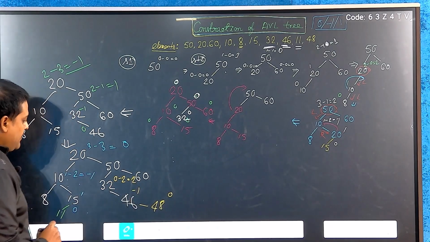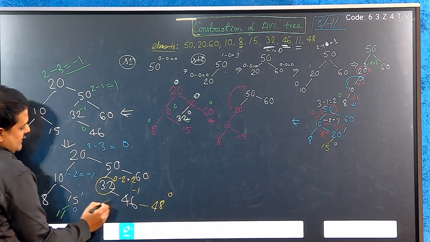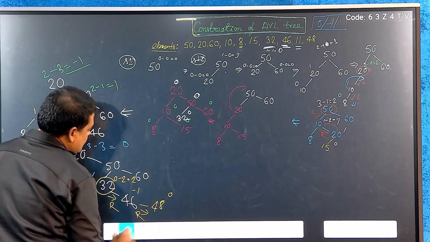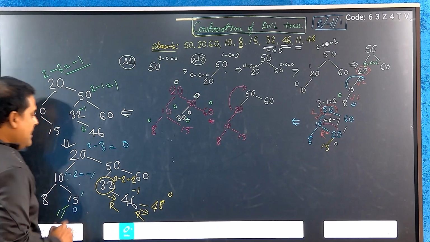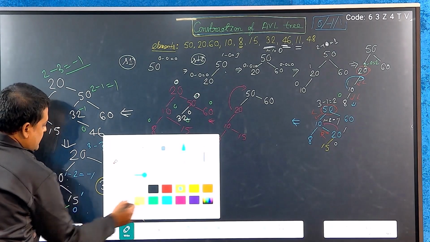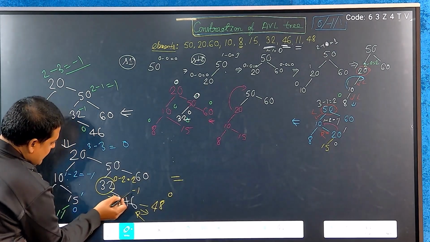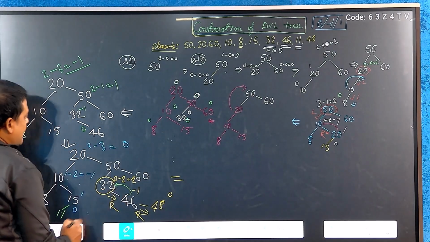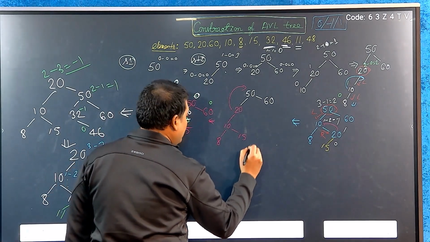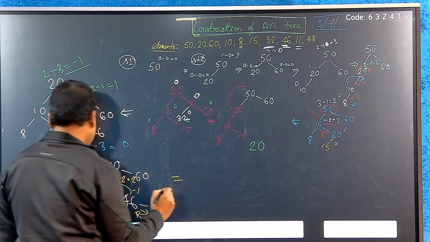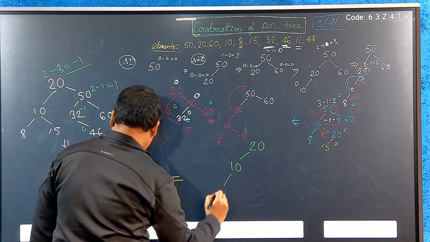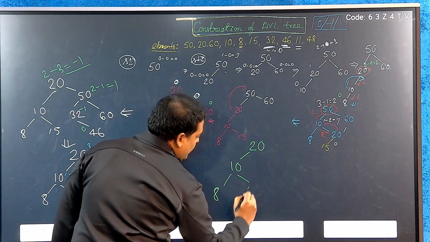Okay, so the problem is here, and it is on the right. So, it is a right imbalance. For the right imbalance, we will make a rotation, and that rotation is nothing but this element will go up and this will go down. So, the final tree will be 20, then on the left side there is no problem, 10, 8, 15.